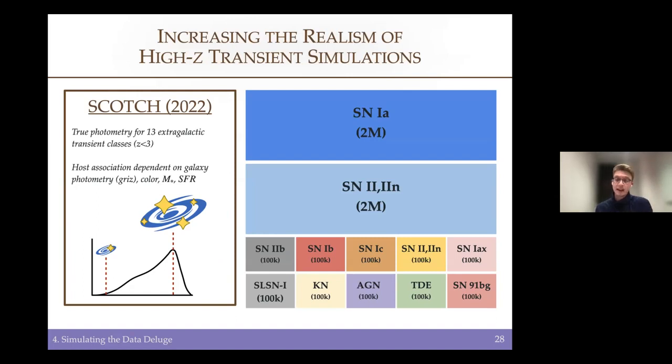So here's a breakdown of the catalog at right, and the different samples. It should be noted, these are not meant to be realistic rates. This is kind of a truth catalog that is meant to train different algorithms based on the discovery rates that people expect in the future. So this would be post-processed on top of this original SCOTCH catalog.